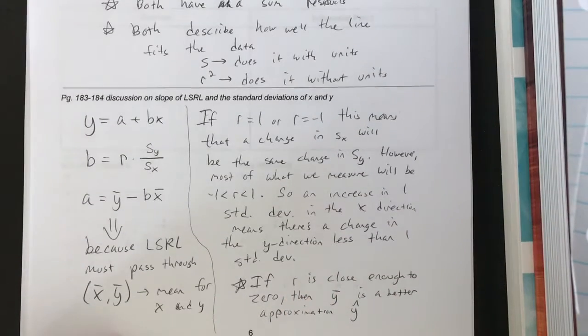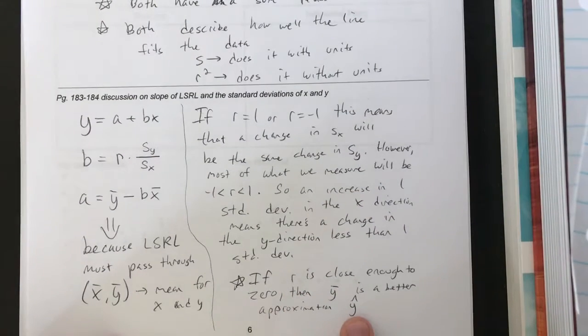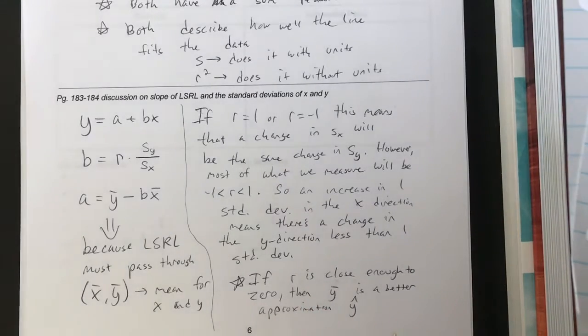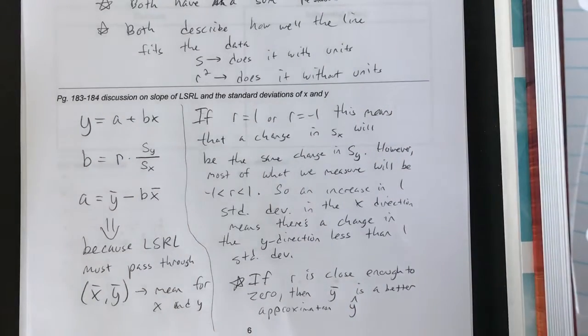If your r is small enough, your equation producing your predicted y value is less accurate than actually just the mean of all your y values. And this is a very basic calculation, and we use it only when we have a scatter plot that's clearly showing us very little correlation or weak correlation or no correlation at all.